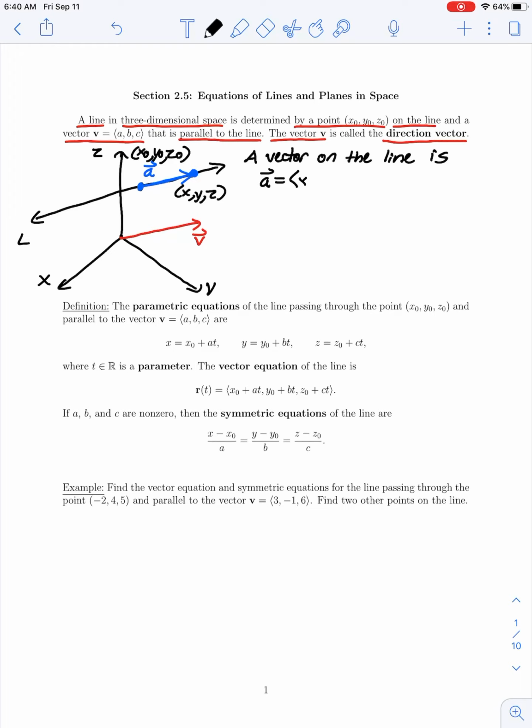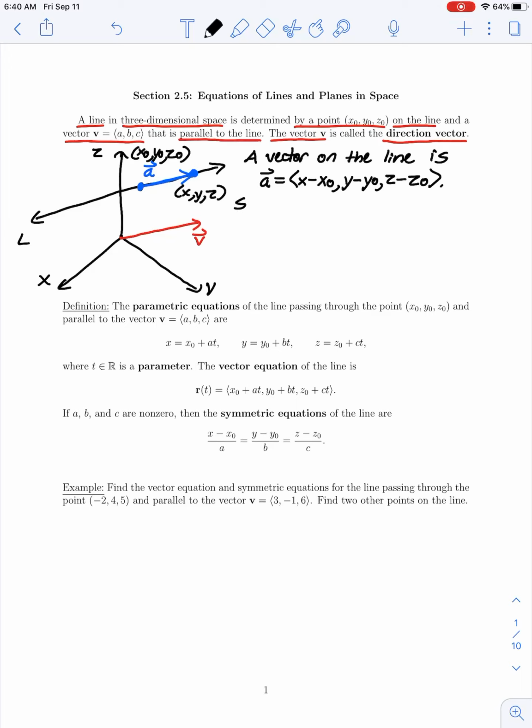So the components of this vector will be x minus x naught, y minus y naught, and z minus z naught. And since this vector A lies on the line and the vector v is parallel to the line, that means that the vectors A and v must be parallel.